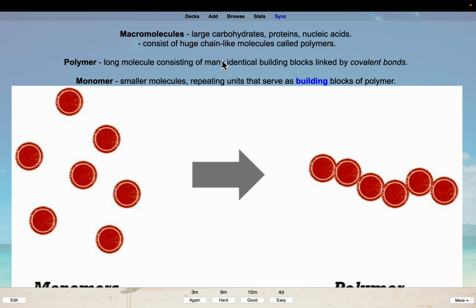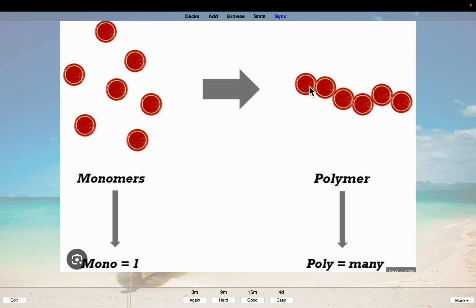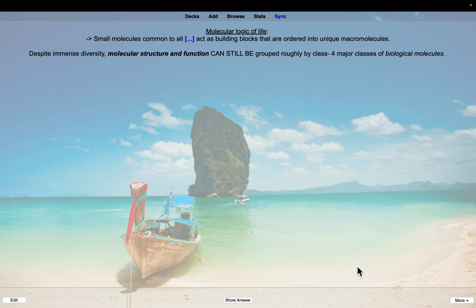Better to be repetitive so that you remember. A polymer is a long molecule consisting of many identical building blocks linked by covalent bonds. A monomer is a smaller molecule, a repeating unit that serves as a building block of a polymer. Mono is one, poly is many.